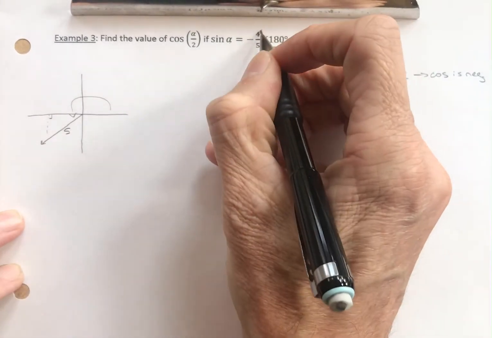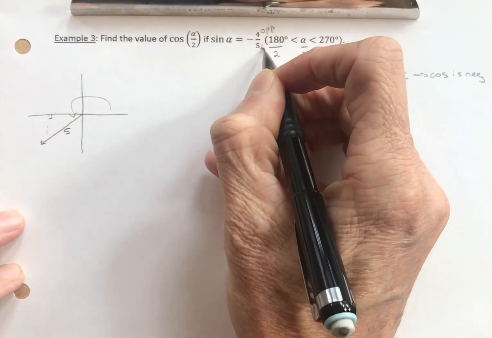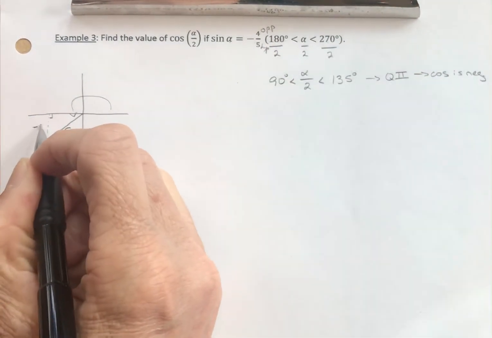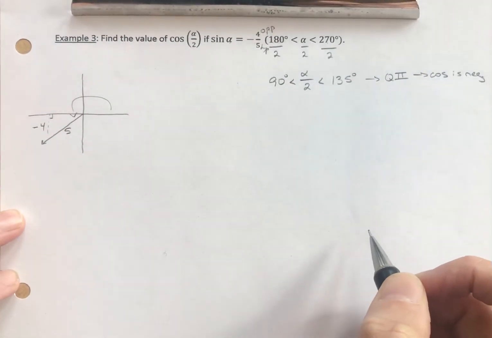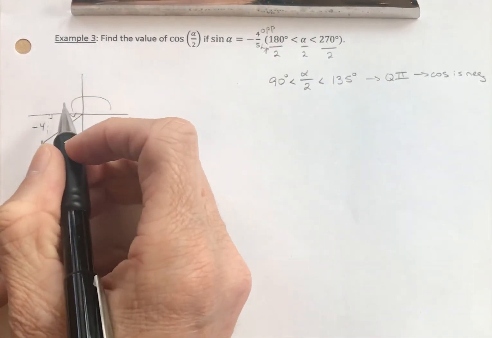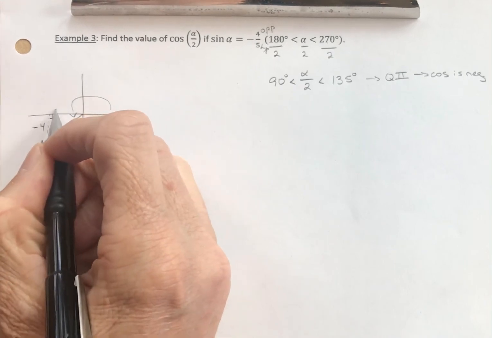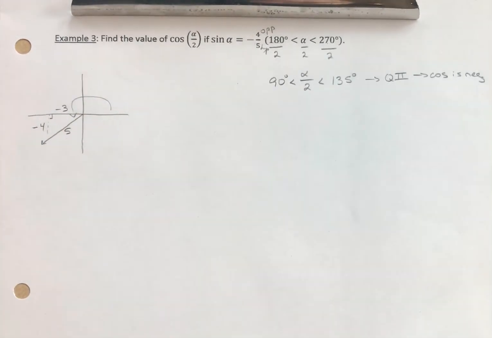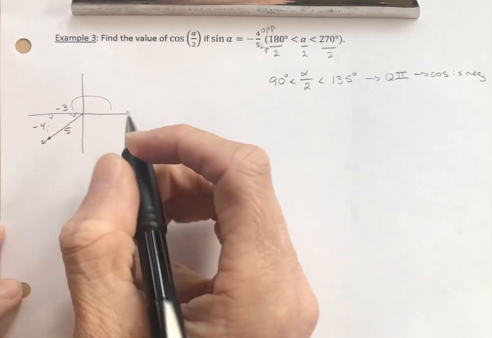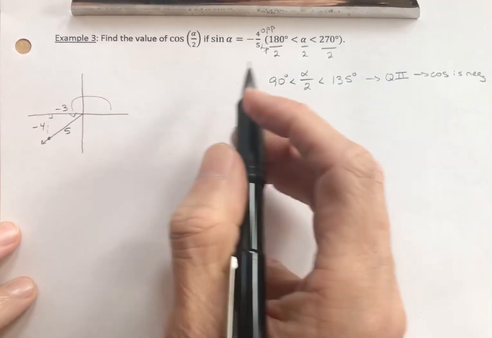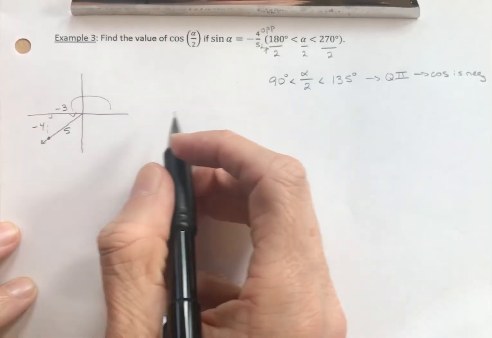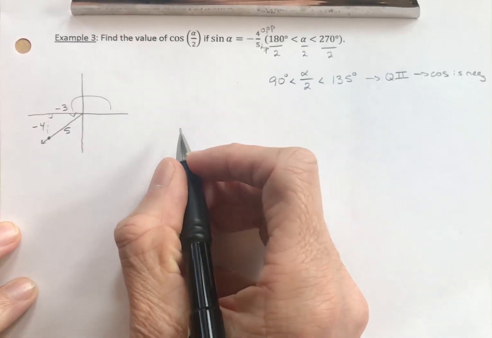Sine is opposite over hypotenuse, so the opposite is the -4 right here, because the opposite in this case is in the y direction. And in the x direction, we are -3 because we're in quadrant 3 for alpha. Okay, so now we can come up with our cosine of alpha, because we need the cosine of alpha for our formula.